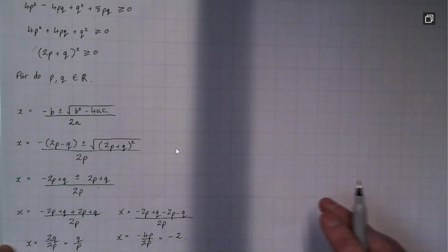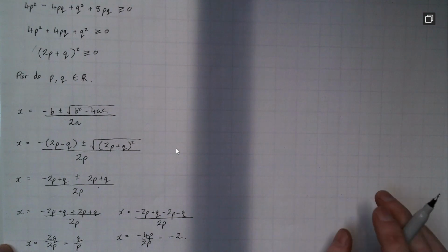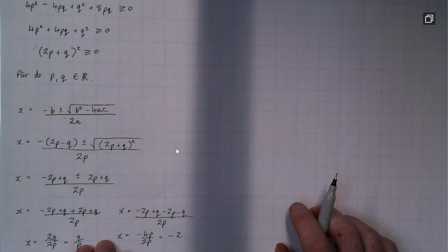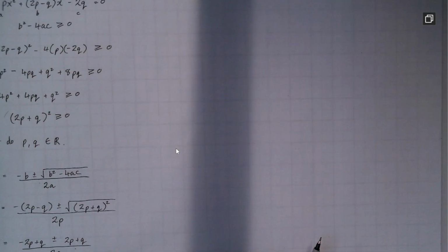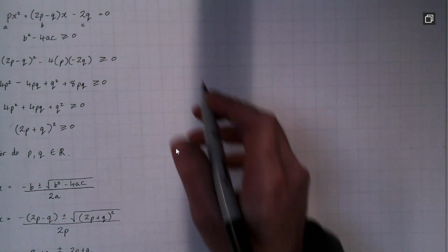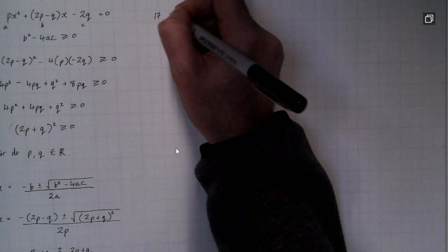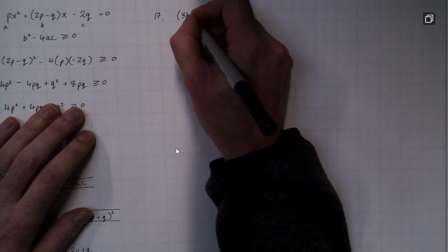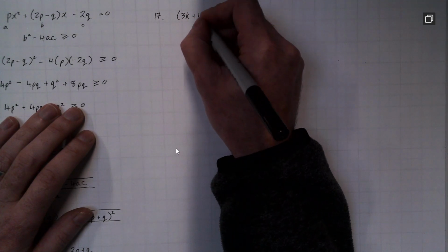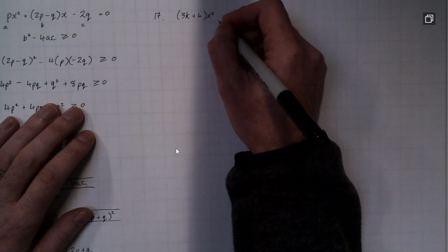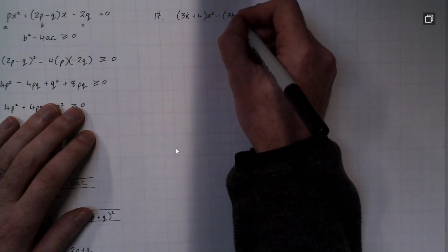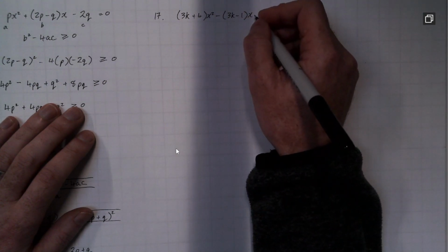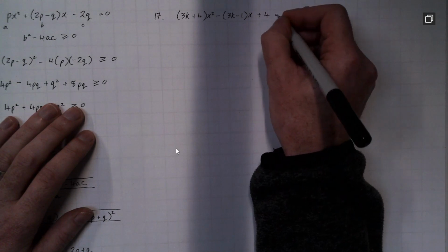Right, so the question: the equation 3k plus k x minus 3k minus 1 x plus k equals 0.